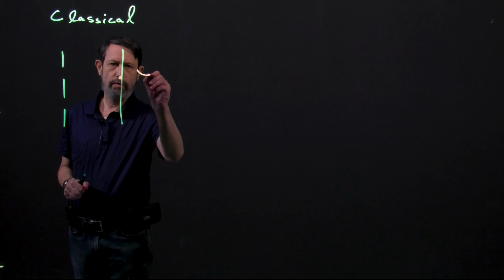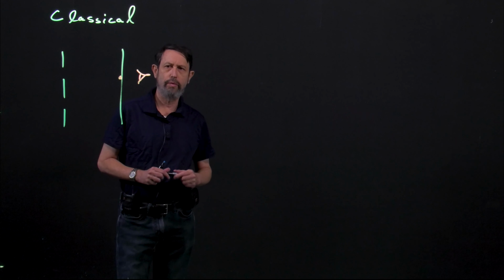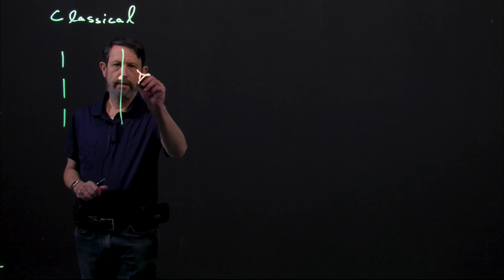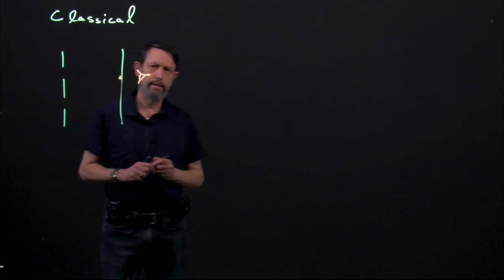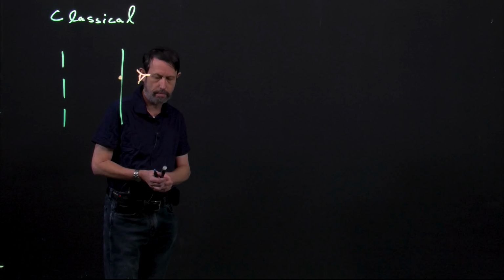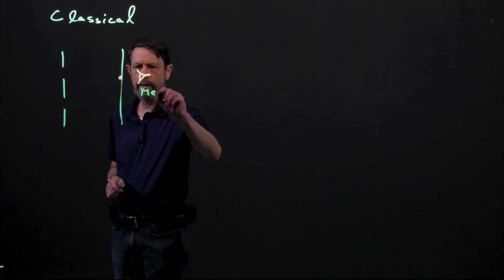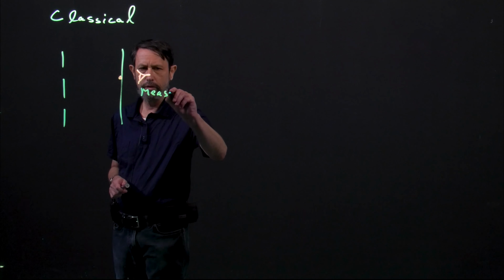I'll call this stage where we observe this electron a measurement, and this is supposed to represent an eye. We measure the position of the electron once it hits the screen.